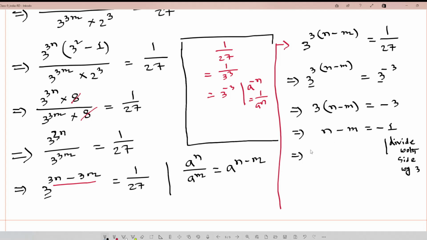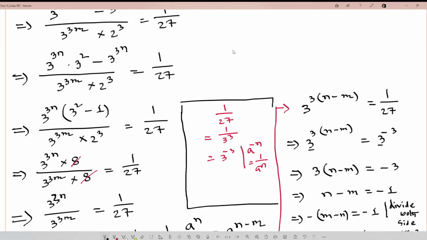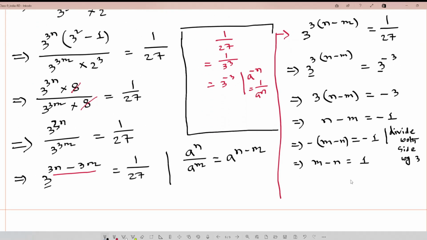Look, if we take common minus, here is m minus n equals minus 1. If we multiply both sides by minus 1, so m minus n equals 1. Look, our question was prove that m minus n equals 1. So we have already proved it, so we can write proved.